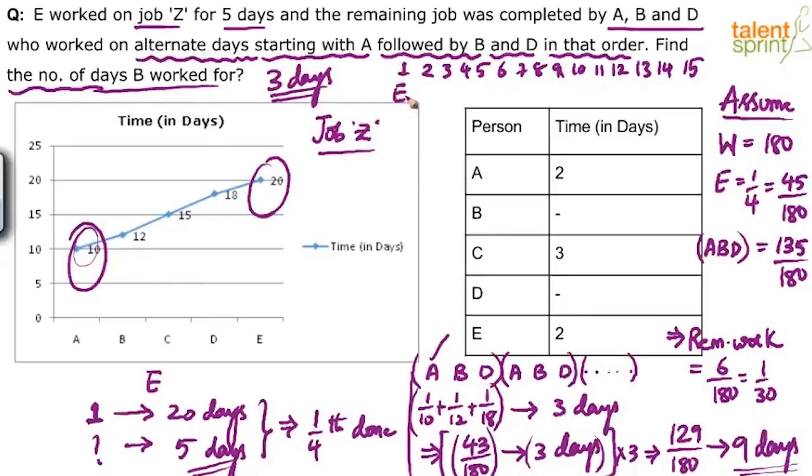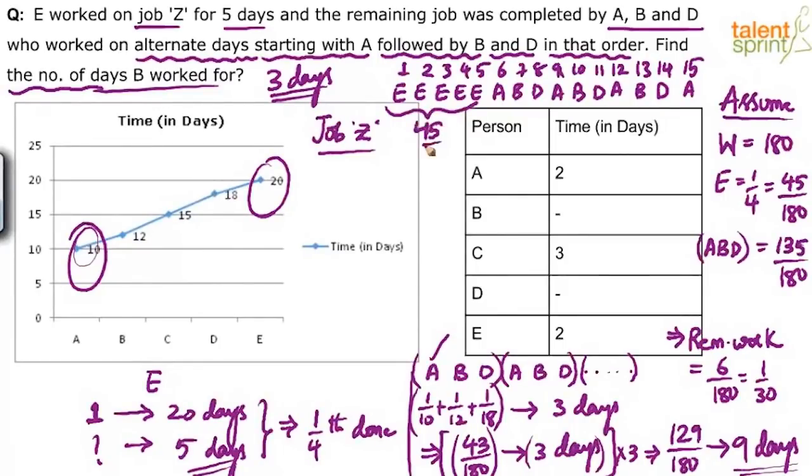After E's work for 5 days, A, B, D will come into picture. They work in this fashion: A, B, D, again A, B, D, again A, B, D, and then A comes.